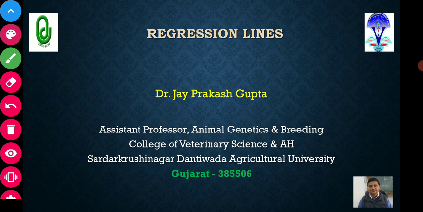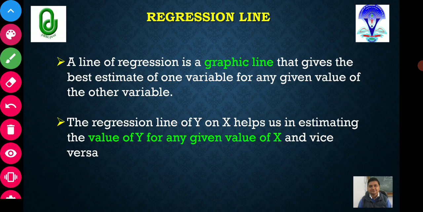So first of all, I will be starting with the regression line. So what is a regression line? A regression line is a graphic line. It can be presented in the form of a graph that gives the best estimate of one variable for any given value of the other variable.